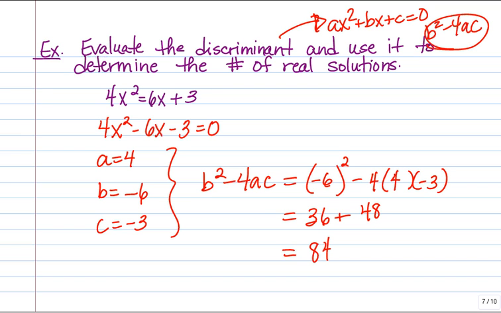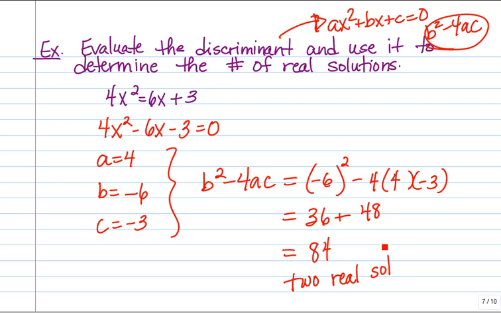So what does that tell you about the types of solutions you would expect? All right, so look at the sign. The sign of the number is positive. Yep, so that tells me that there are two real solutions. Now, real solutions have the two categories, rational and irrational.